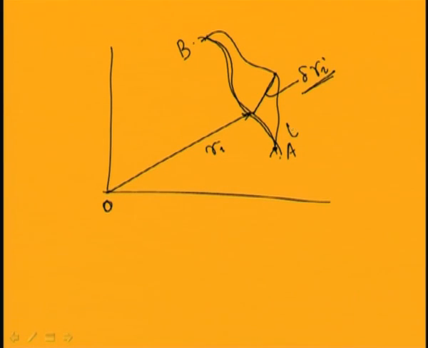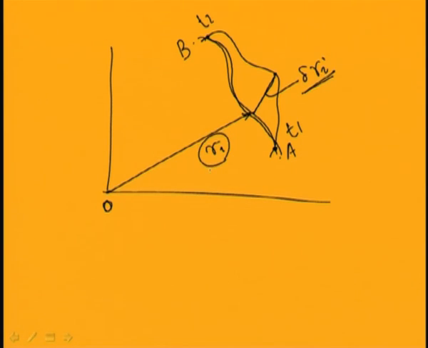We can assume those paths for which, at times t1 and t2, the varied path equals the actual path. We consider those paths in this Hamilton principle or extended Hamilton principle. That means at t1 delta r i equal to 0 and at t2 also delta r i equal to 0, where r i is the physical coordinate.